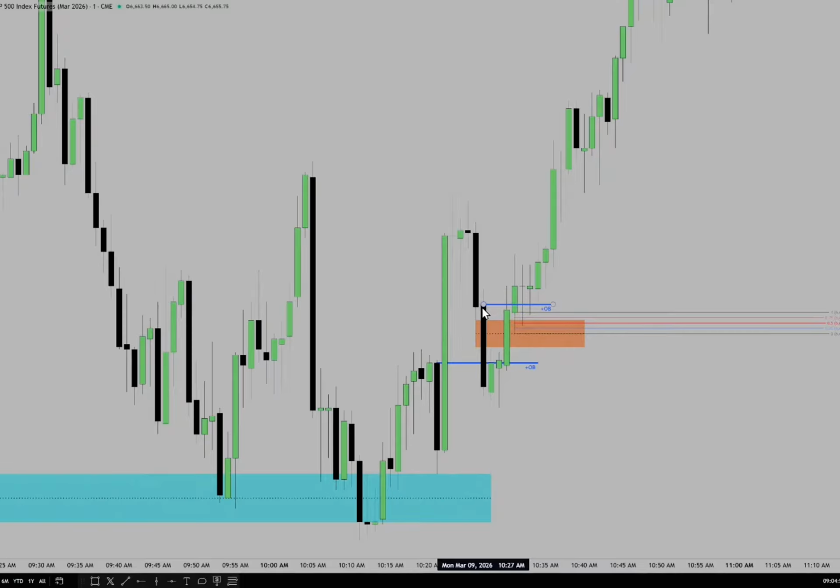So now, anything past this, it can touch, it can go in the upper quadrant, it can wick to the consequent encroachment, it can wick to the lower quadrant, but it cannot leave a body below consequent encroachment, to keep this whole setup valid for a long. Consequent encroachment nails it, upper quadrant here, doesn't even go below to touch the top. And then we open here, come down, change in state of delivery, can't be touched there, and rallies up, closes on an up close basis. Start looking for higher prices.